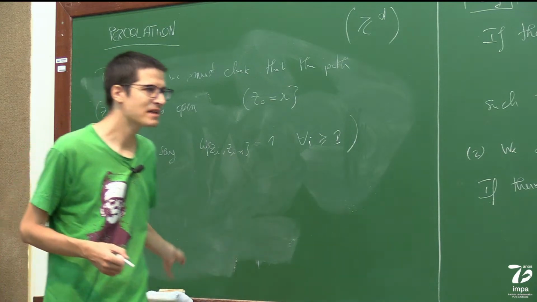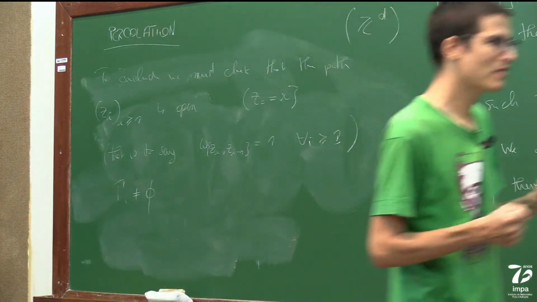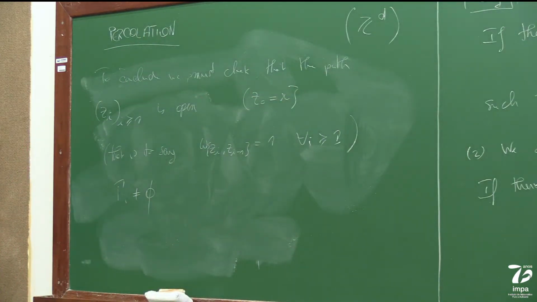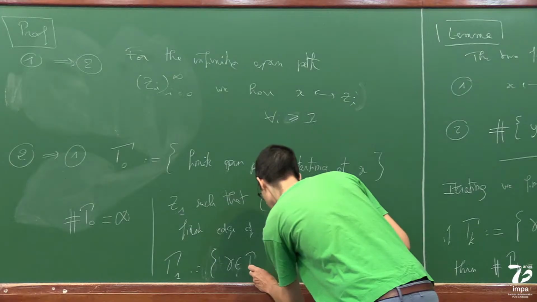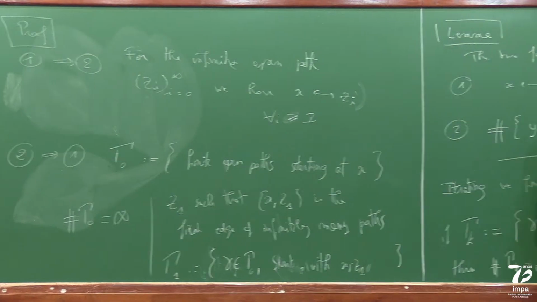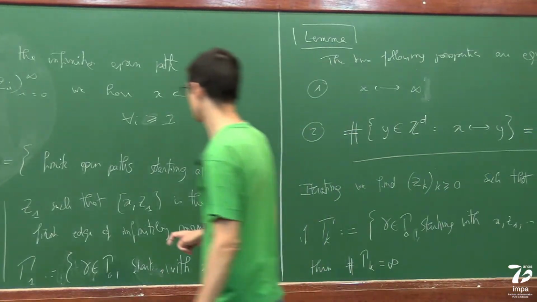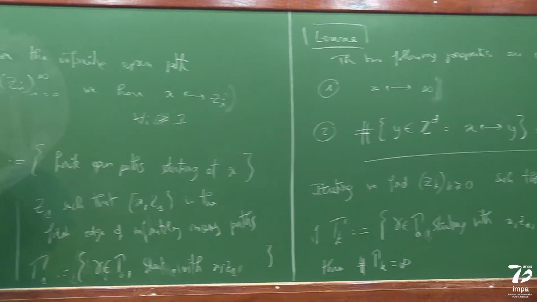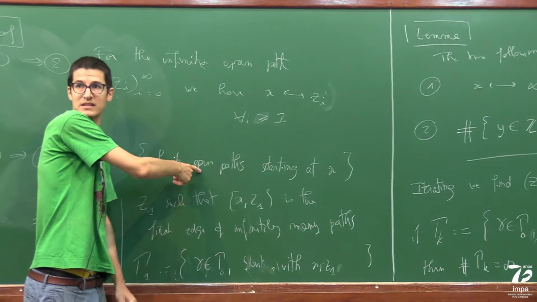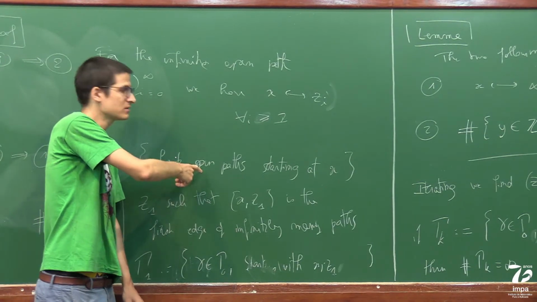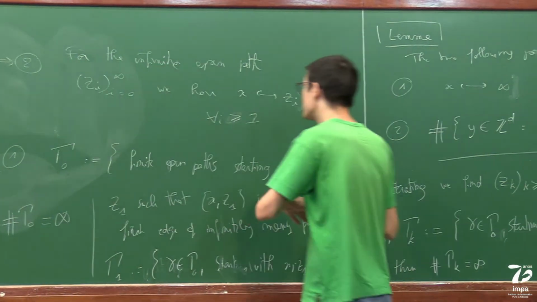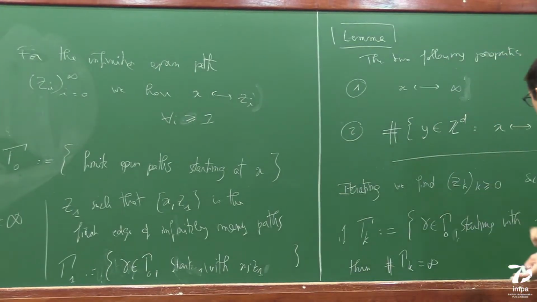So if gamma i is non-empty, it means that there exists an open path. Remember that gamma 0 is a set of finite open paths starting at X. So this means that if you have a path in gamma 0, all the edges in this path are open.